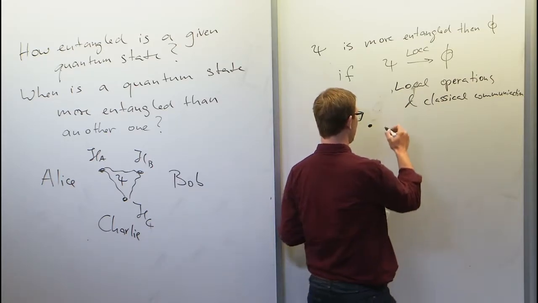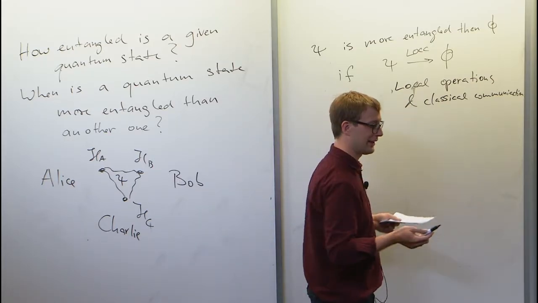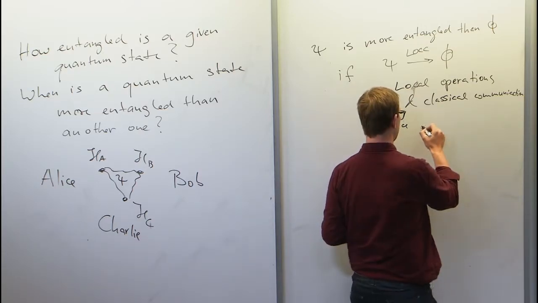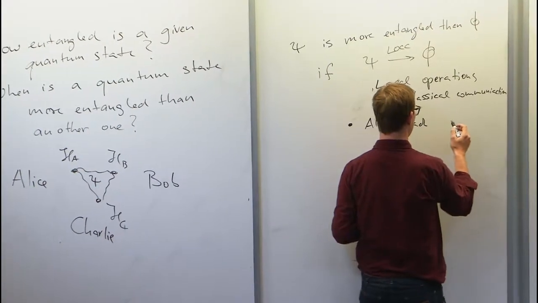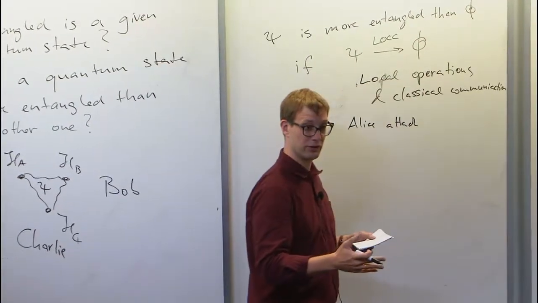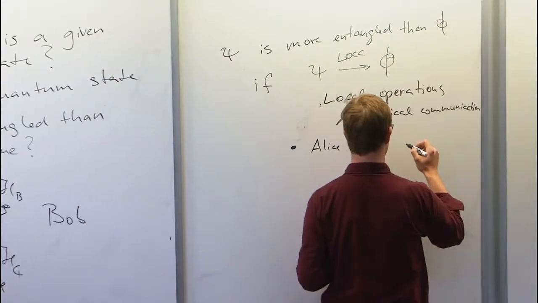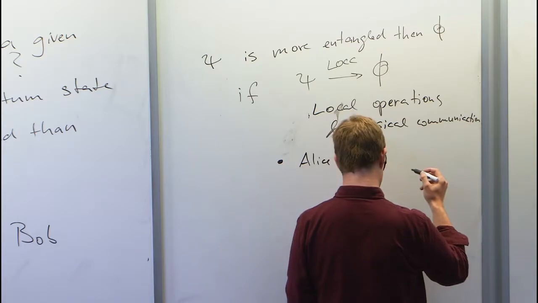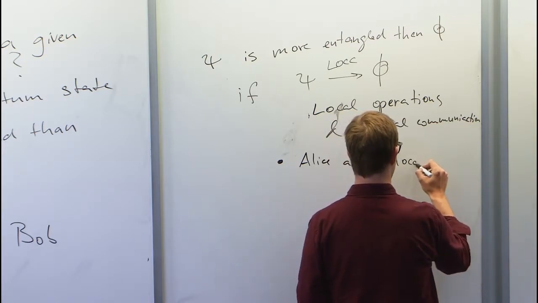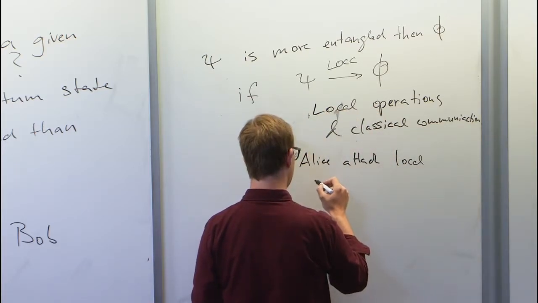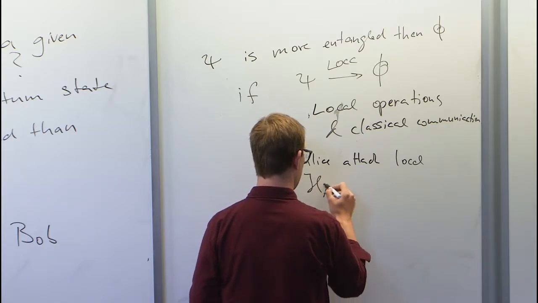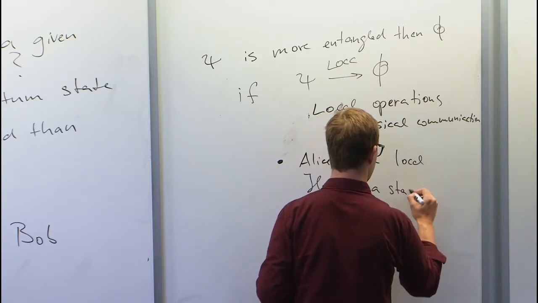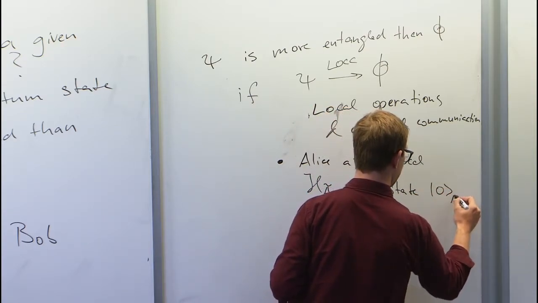Let's say, without loss of generality, Alice starts. The first thing Alice does, that's a local operation: Alice can attach another particle in a fixed quantum state. She can bring another particle into the lab. She can attach a local Hilbert space H_Ã in some fixed state.